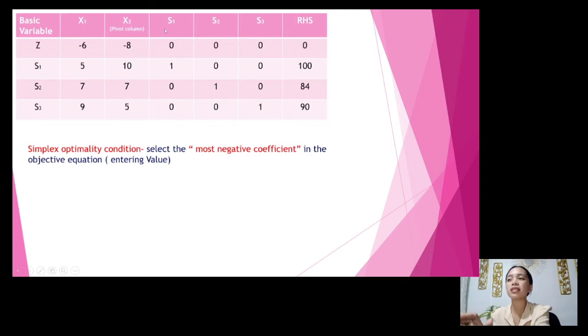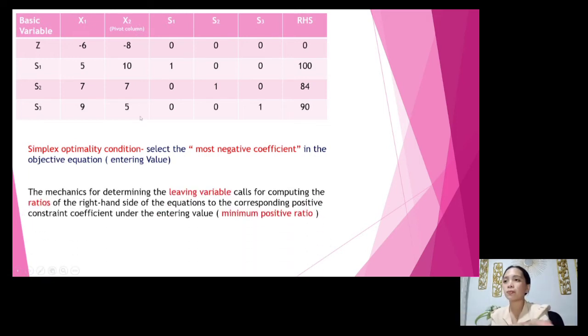So in the simplex optimality condition, we should select the most negative coefficient in the objective equation for the entering variable. So this is the most negative, diba? So this is our pivot column now.